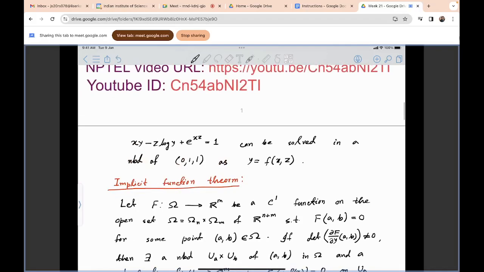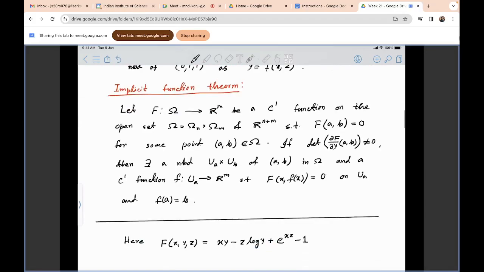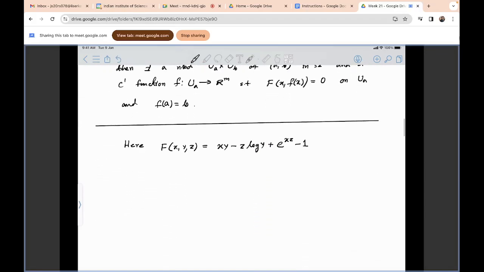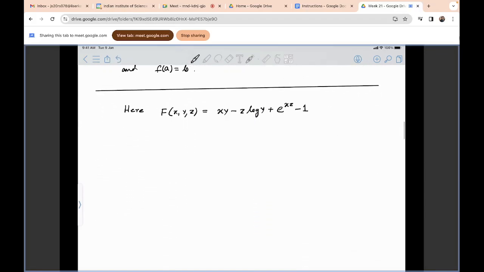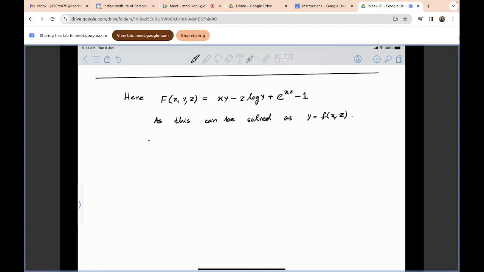This can be solved at the point (0, 1, 1) with y as a function of (x, z). For that we need to check that del f by del y is non-zero. So let's check del f by del y.